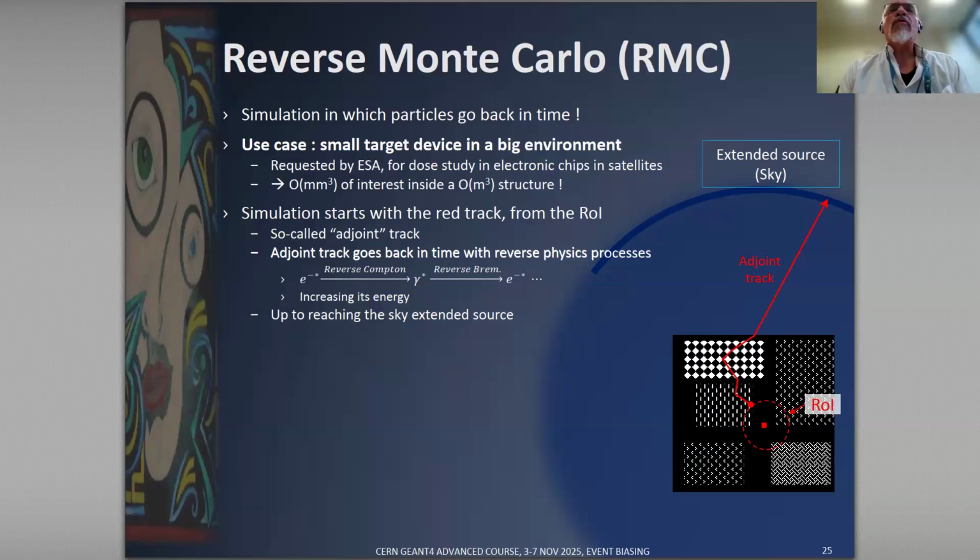And so with a reverse Compton, it may become an adjoint gamma, which may become, again, an electron by a reverse Bremsstrahlung, etc. So it will do a backward simulation this way, up to the point it escapes the structure and reaches the sky source.